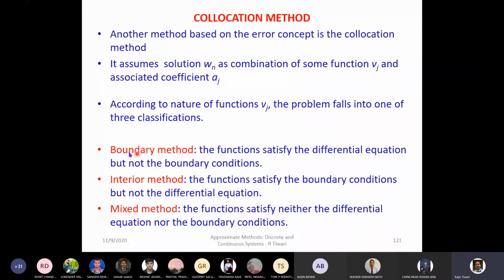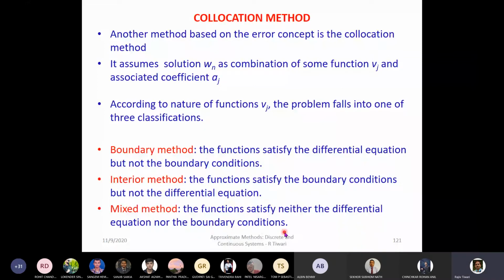That is the boundary method. Interior method: the function satisfies the boundary conditions, but not the differential equation. So this is the other way around. Then the next method, mixed, in which the function satisfies neither the differential equation nor all the boundary conditions.